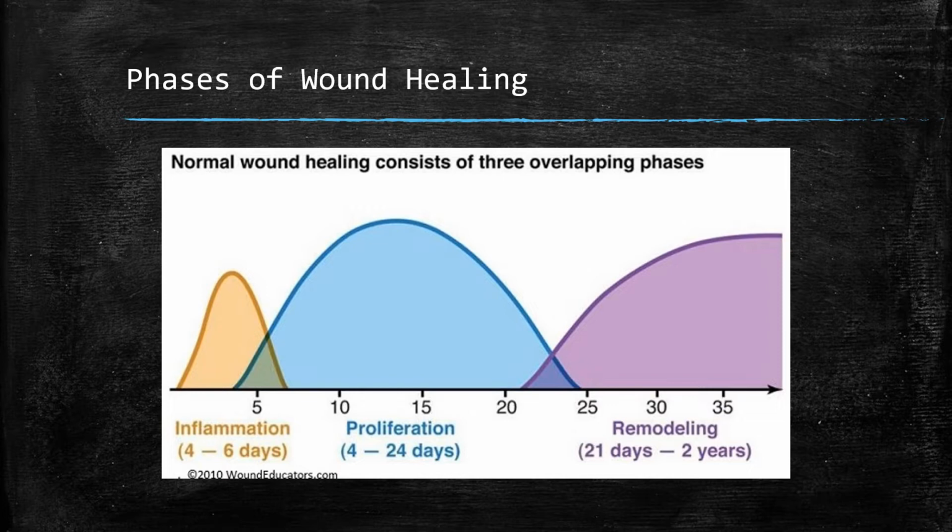Wound contraction and reepithelialization also occur in this phase. The last phase is the remodeling phase. This is an ongoing phase that carries on throughout the patient's life. In this phase, collagen is continually broken down and replaced.